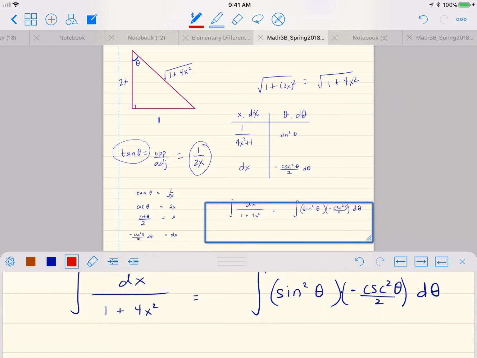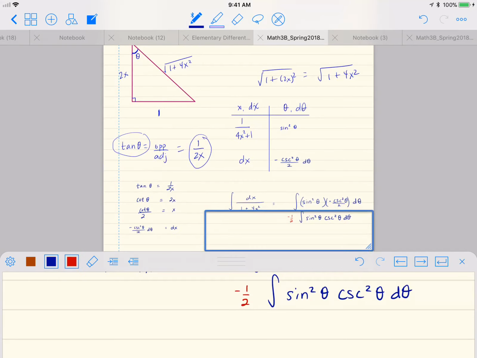We can bring that negative 1/2 to the front. Integral sine squared theta cosecant squared theta d theta. And then sine squared and cosecant squared cancel out, right, because they're reciprocals of each other. So we're just going to get negative 1/2 the integral d theta.